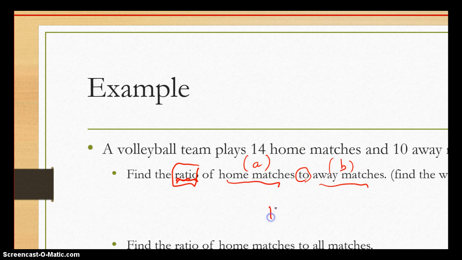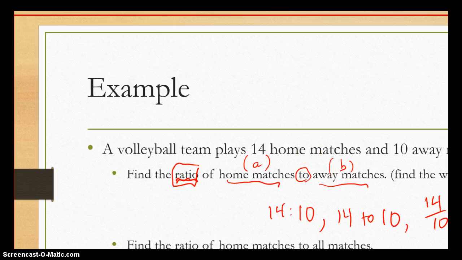Well, there are 14 home matches to 10 away matches, or 14 home matches to 10 away matches, or 14 home matches to 10 away matches. Those are the three ways that you could write that.